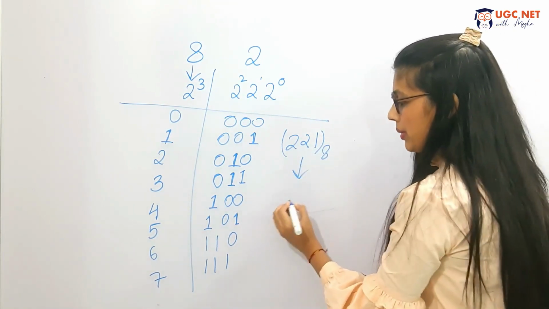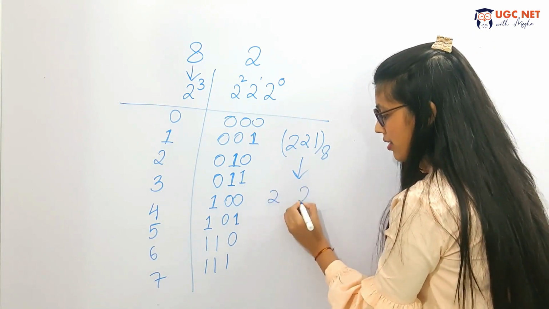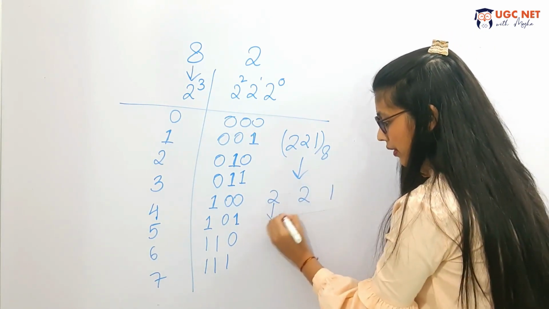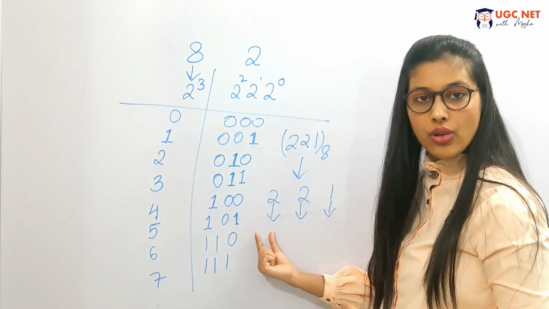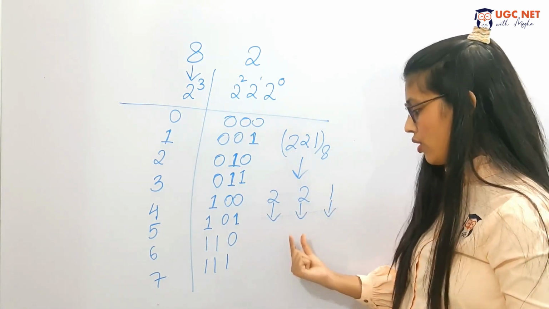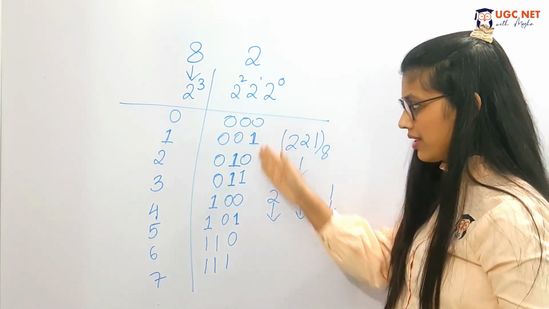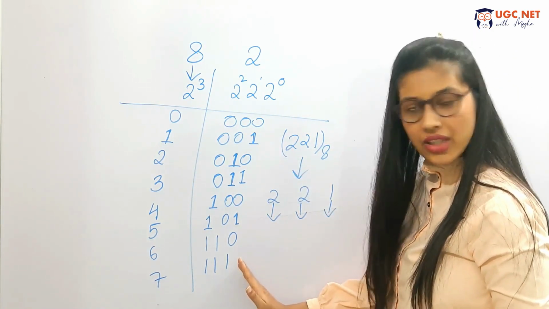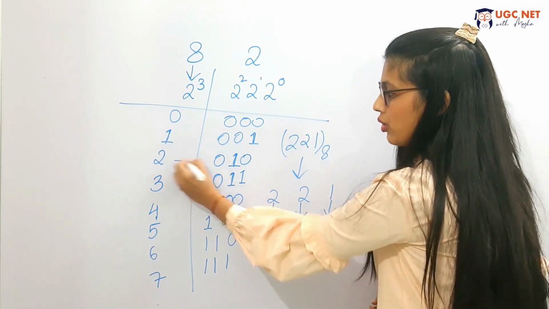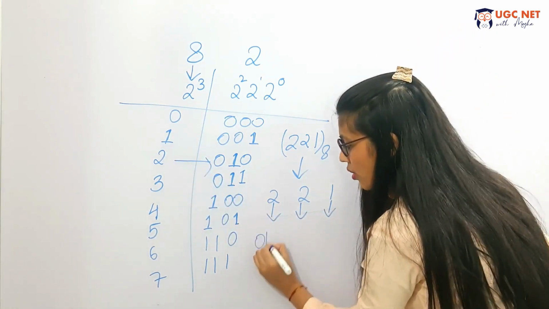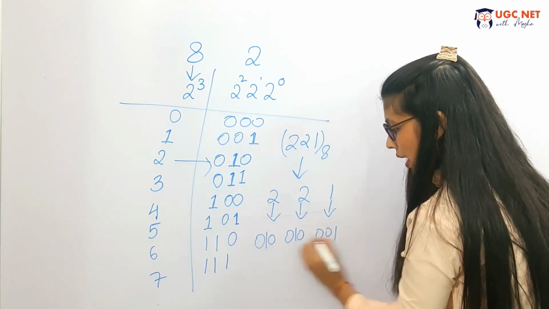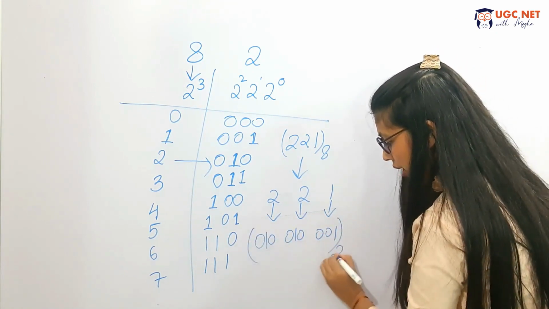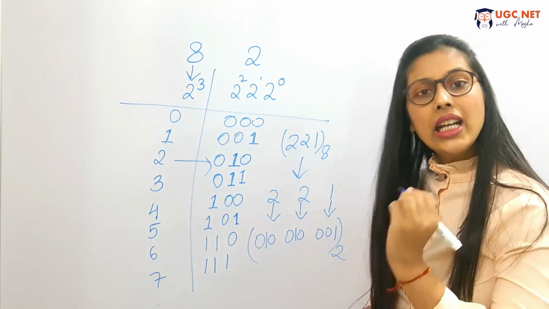You will be considering these 3 digits separately here, 2, 2, 1, and now we are going to substitute the values of 2, 2, 1 from this table in the binary digits. So from binary digits, for 2 the value is 0, 1, 0, again 0, 1, 0, and this would be 0, 0, 1. So this entire thing taken together would be its binary conversion.